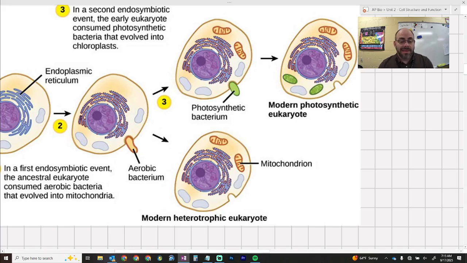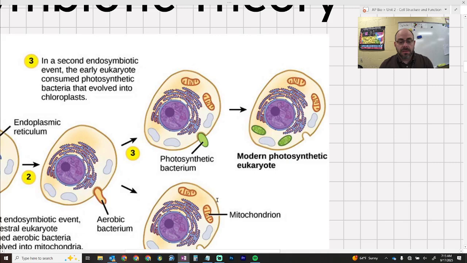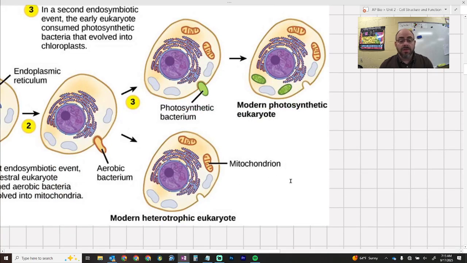So imagine this cell, rather than ingesting this thing, forming a symbiotic relationship with it, and thus the aerobic bacteria gets the benefit of protection from the outside world, and this cell gets the benefit of a new form of ATP being made. That's the idea of the mitochondria.